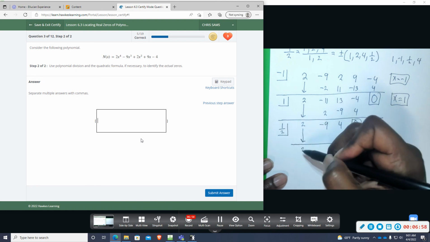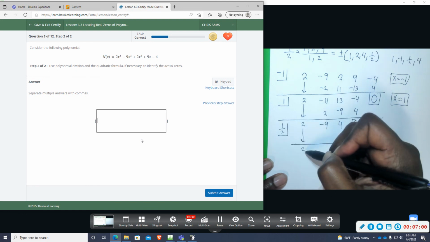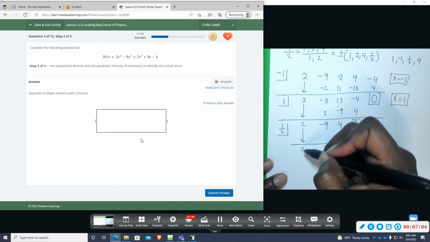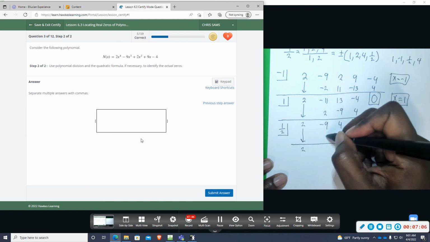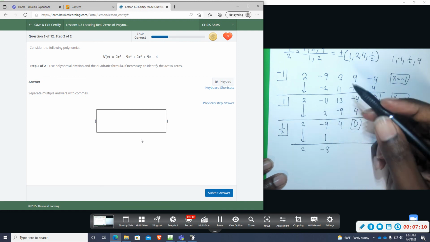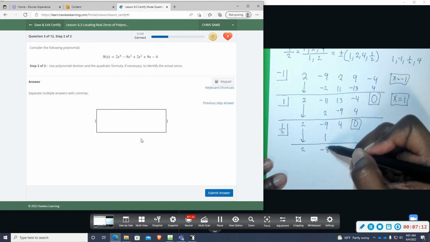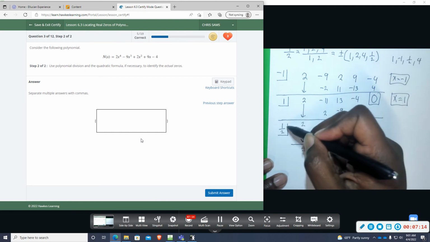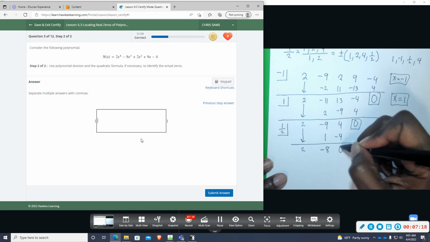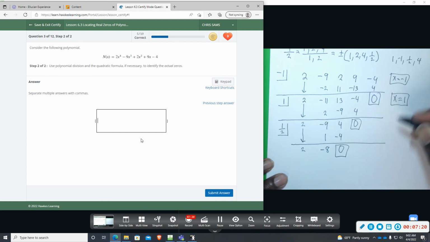So you got to multiply by the top number, divide by the bottom number. Or you can divide first and then multiply. 2 divided by 2 is 1. 1 times 1 is 1. And then we get a negative 8. All right, so divide by 2, that is a negative 4, times 1 is still a negative 4, combine, and we get 0. So x equals 1/2 also works.